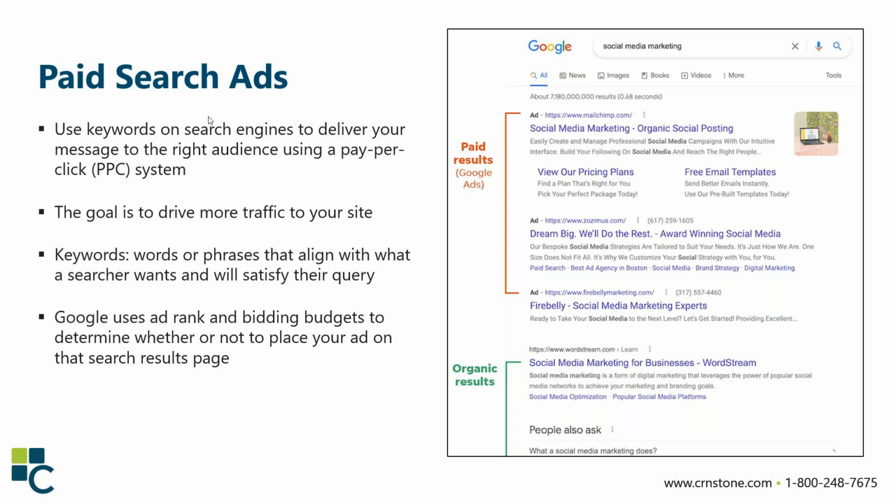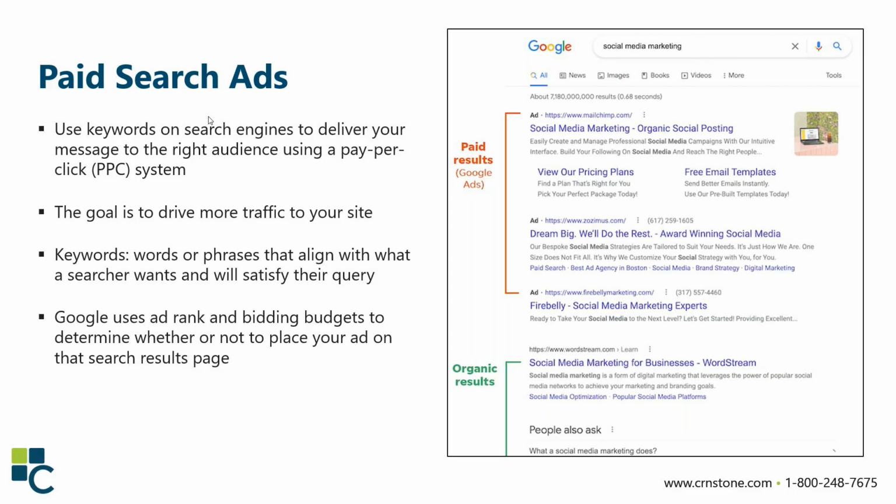Paid search uses keywords on search engines, primarily Google, to deliver your message to the right audience using a pay-per-click system. The goal of paid search ads is to drive more traffic to your website, which will ideally lead to more conversions with the right setup of your website.